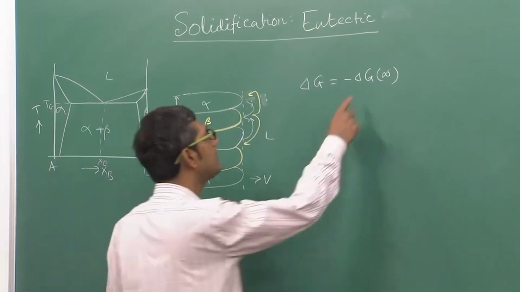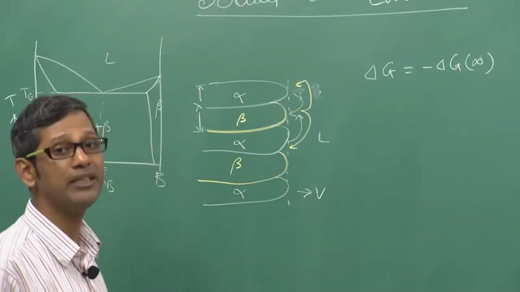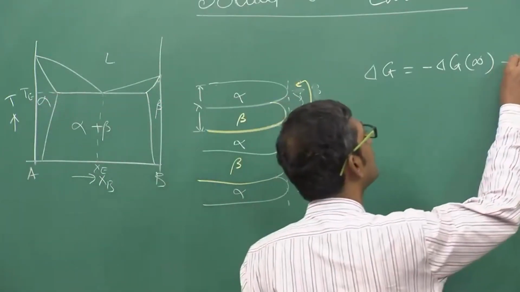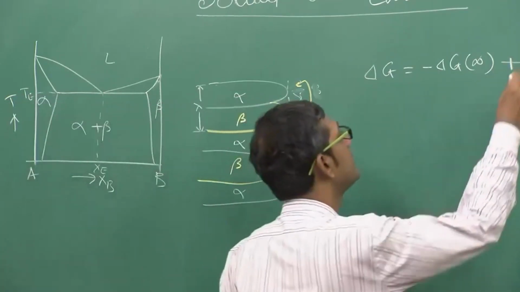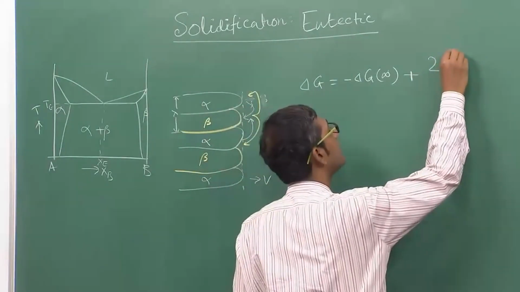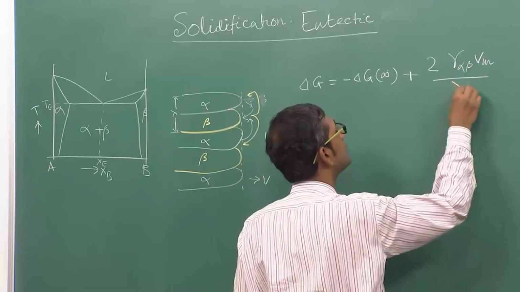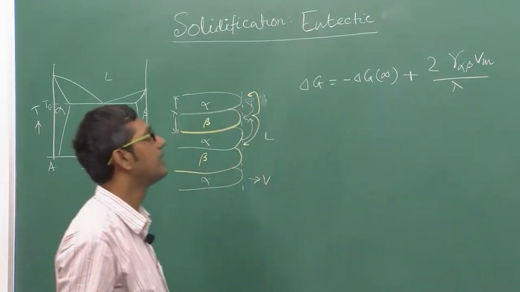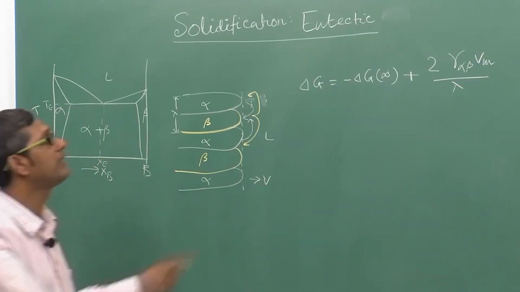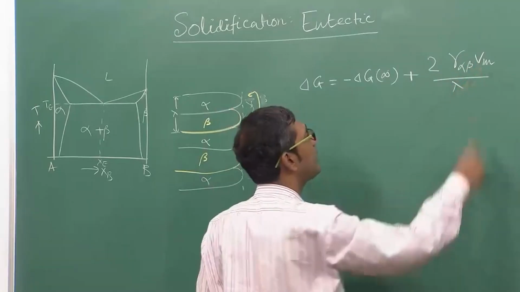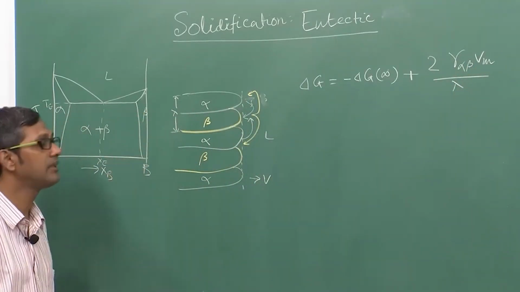So that is the term corresponding to delta G within brackets infinity, plus when you have a finite value of lambda, then this interfacial energy term has to be taken into consideration, and this is the way this energy is evaluated. This is equal to 2 by lambda multiplied by the interfacial energy between alpha and beta multiplied by the molar volume of the eutectic, where lambda is the interlamellar spacing.